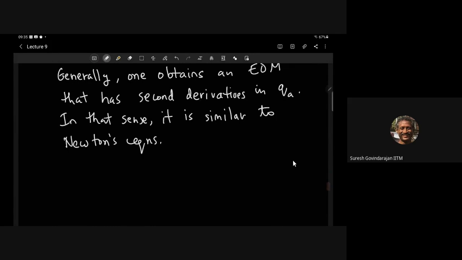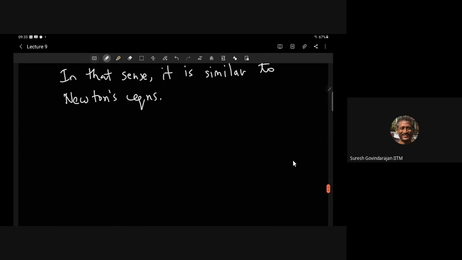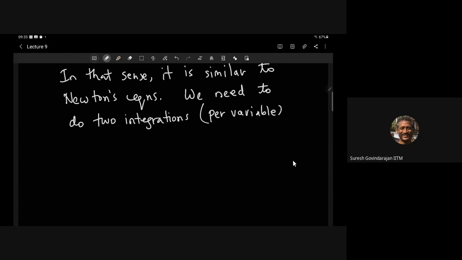Okay, so you have to do two integrations, but okay. So we need to do two integrations per variable, of course, to obtain the trajectory.